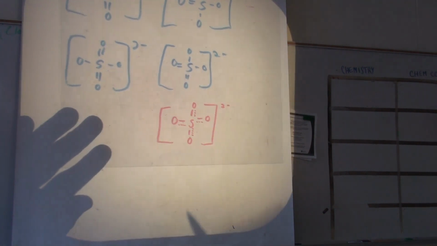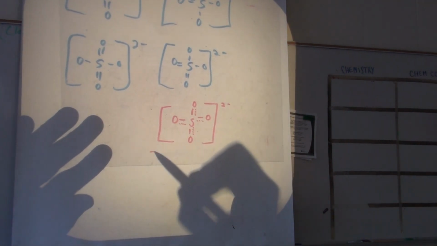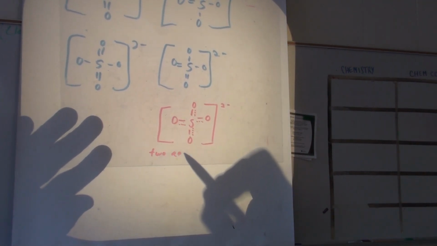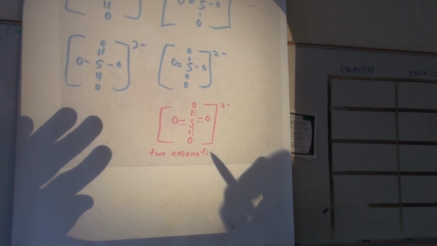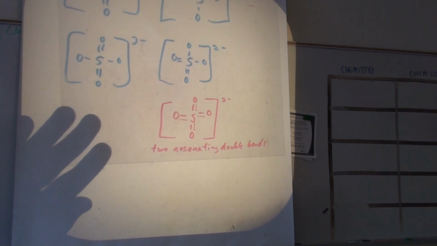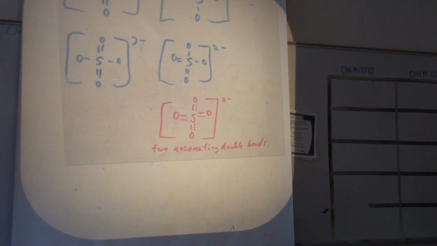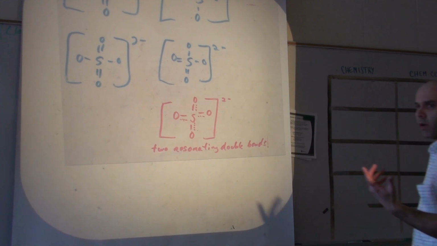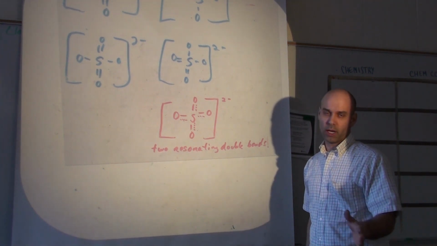Because there are two resonating double bonds, we have to write under there two resonating double bonds. If there is one resonating double bond, you don't have to write it.